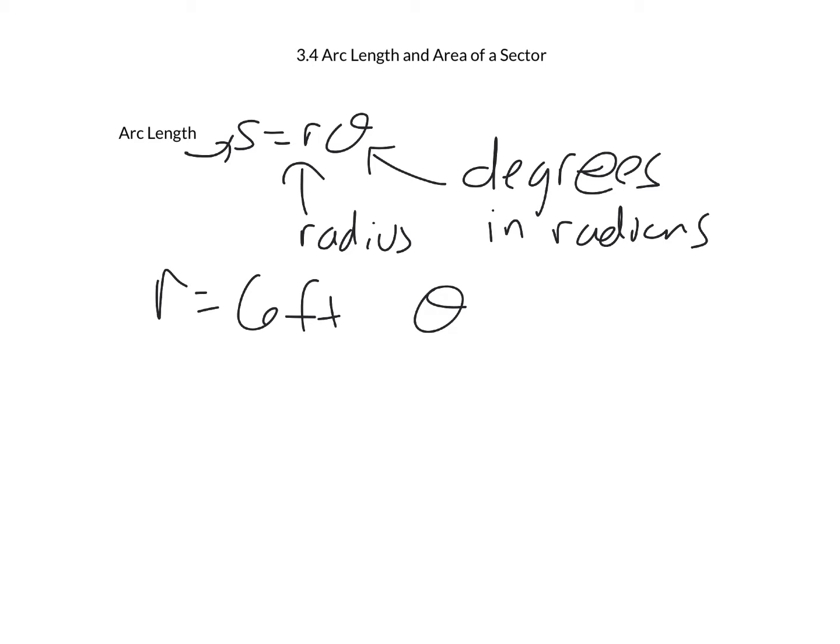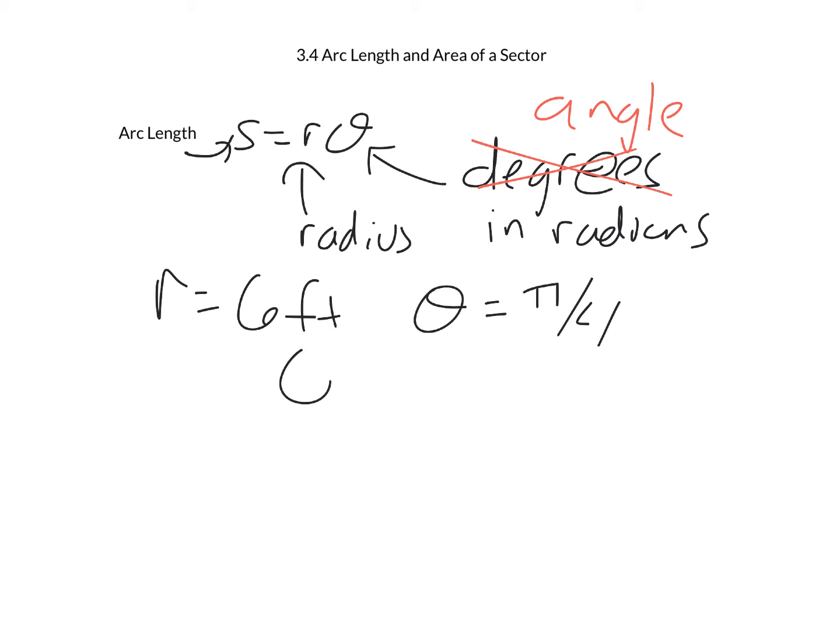Your angle is in radians. So let's cross that out. And then let's say our theta is equal to pi over 4 radians.